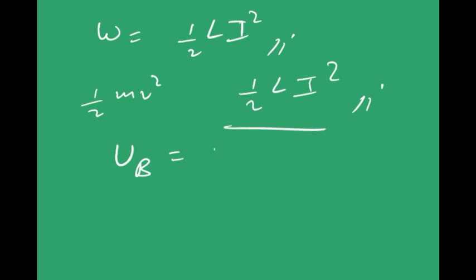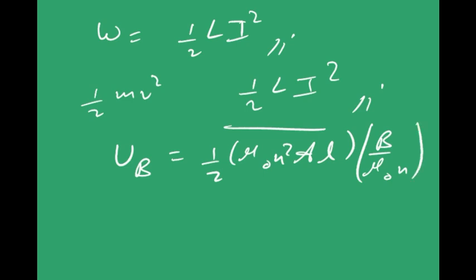So I want to calculate it. What is the L? It is mu naught n square Al, where A is the area. And what is I? B by mu naught n, because B is the magnetic field, which is given by mu naught n I. So I can write this as half mu naught B square and Al. This is the total energy stored inside the solenoid.